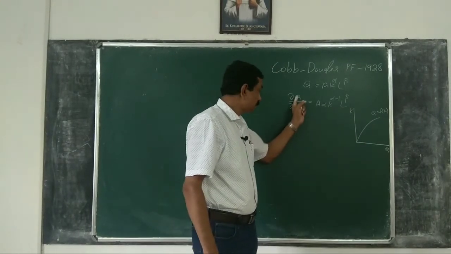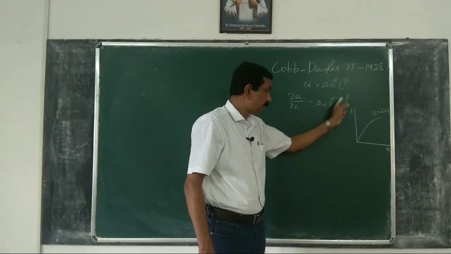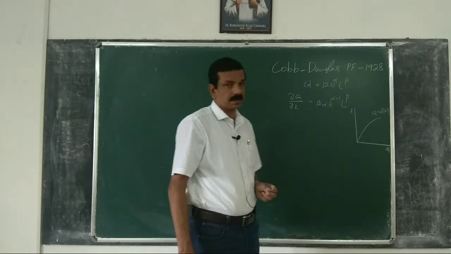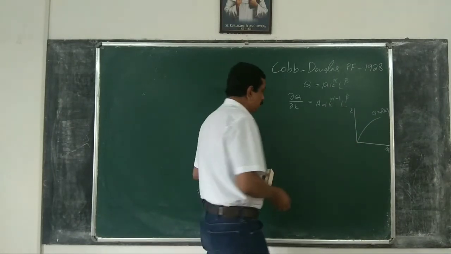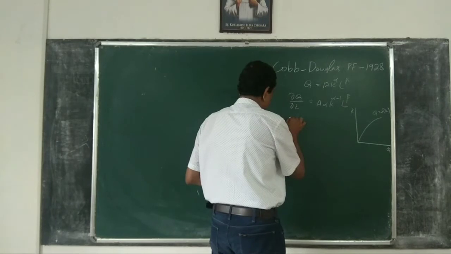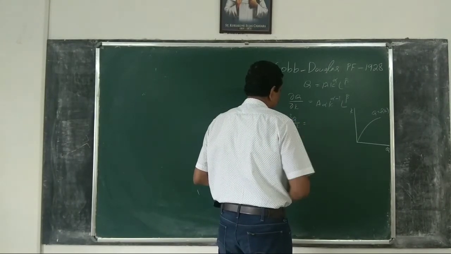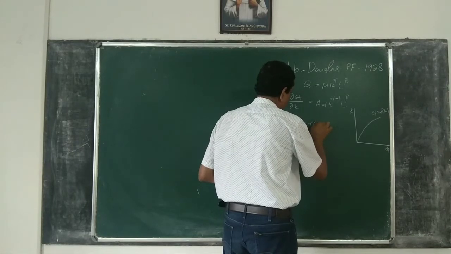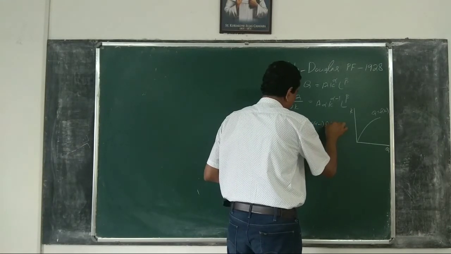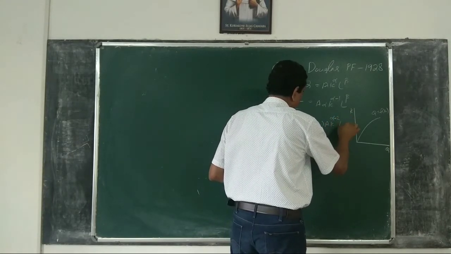As we are differentiating with respect to K, L is held constant. This is the short run production function. If you differentiate it again, ∂²Q/∂K² is equal to alpha into alpha minus 1 a K raised to alpha minus 2 L raised to beta.